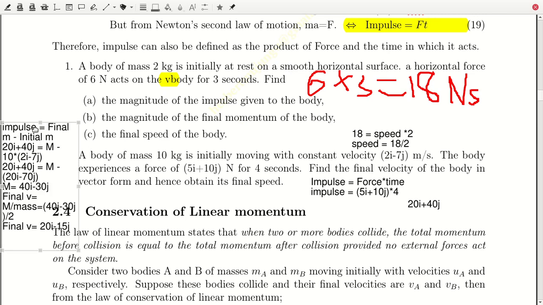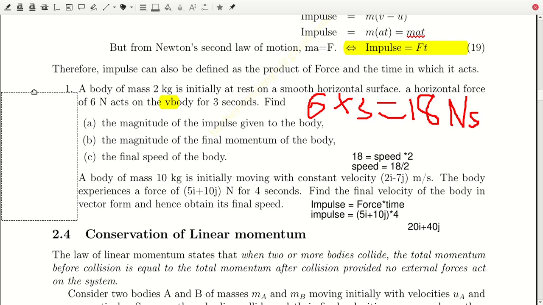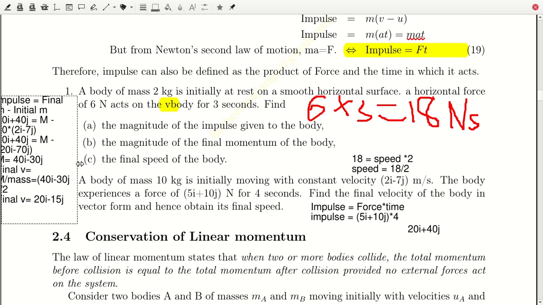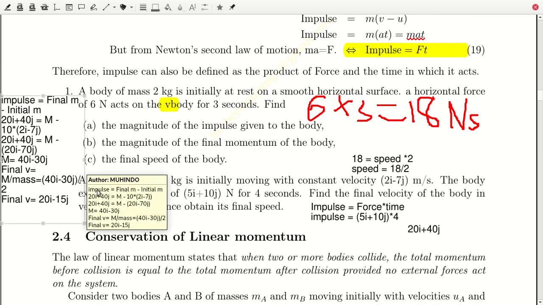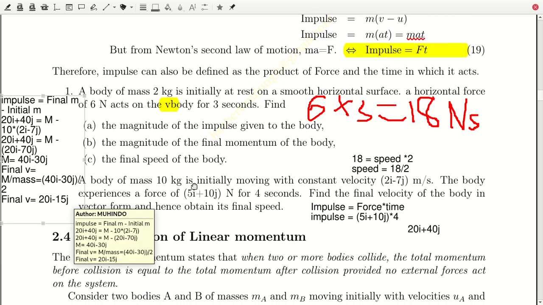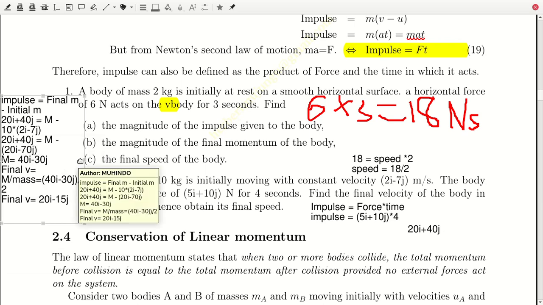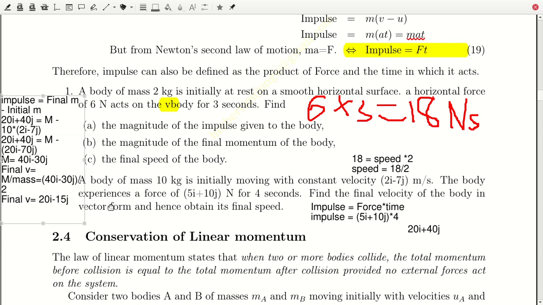So I think I explained, so you should be able to follow the steps. So lastly, we are required to get the velocity, sorry, the speed. The speed, you get the magnitude of 20 and 15 because of lacking space.